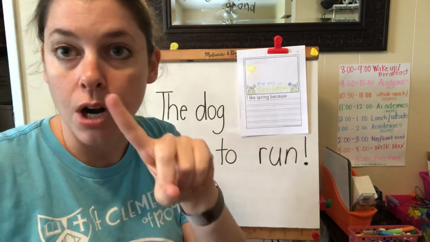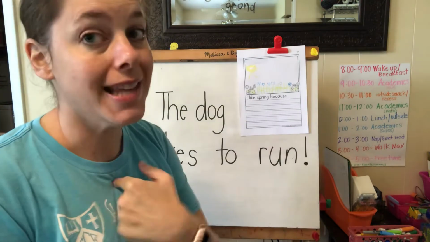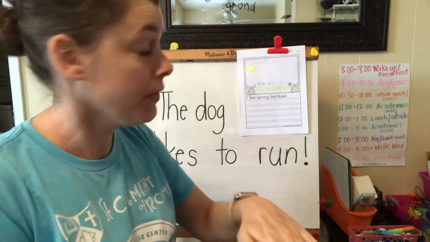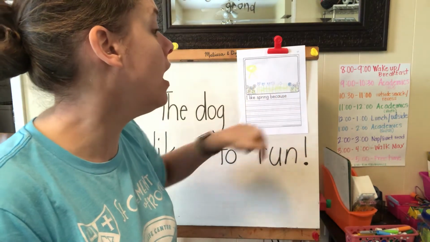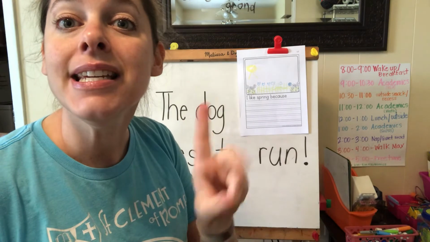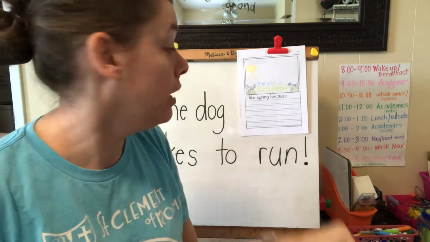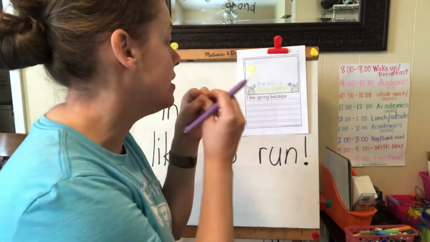So now let's start with my writing. They have this first part of the sentence. I just need to finish it. So I like spring because I want to say it is warm. I'm sounding it out.